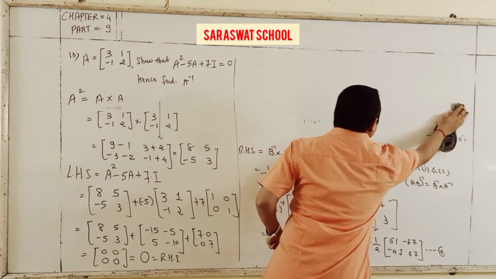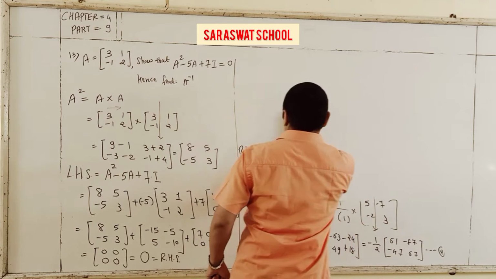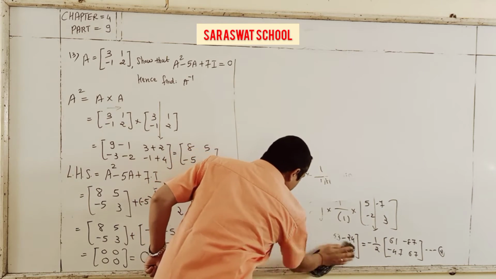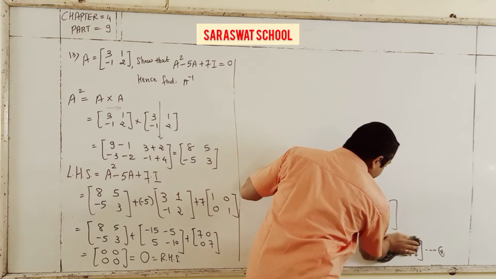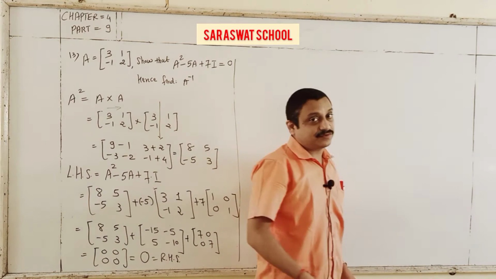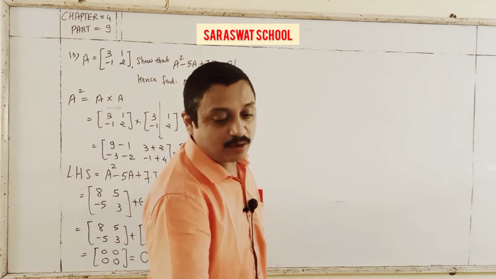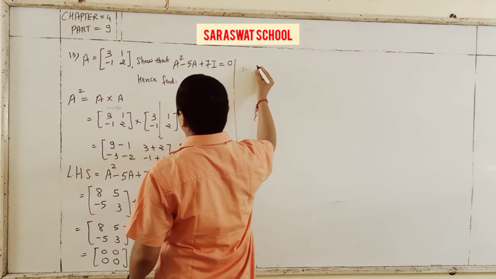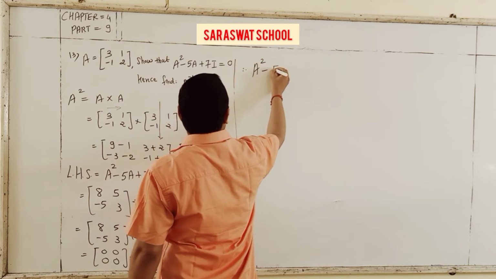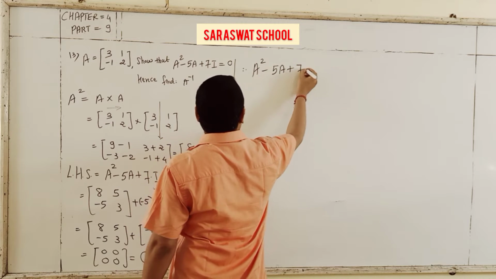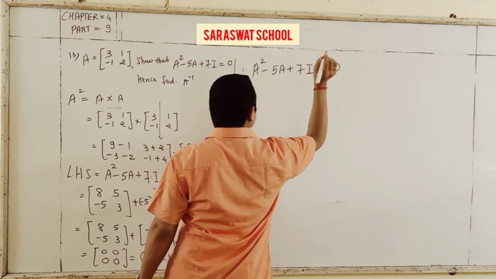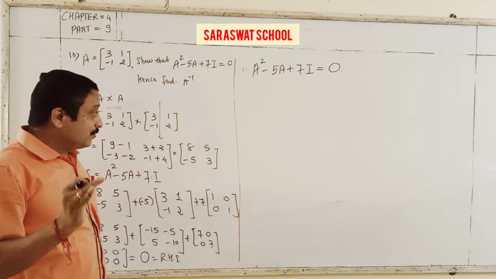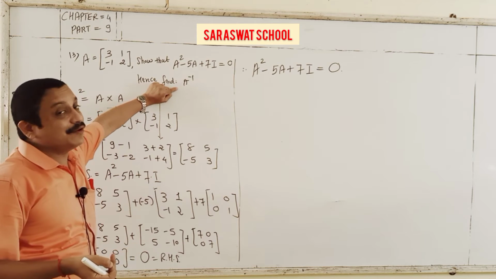Now using this equation, we will derive the value of A inverse. That's very easy. Just operate on this equation. Therefore, A square minus 5A plus 7I is equal to 0. Now using this, I will derive A inverse.